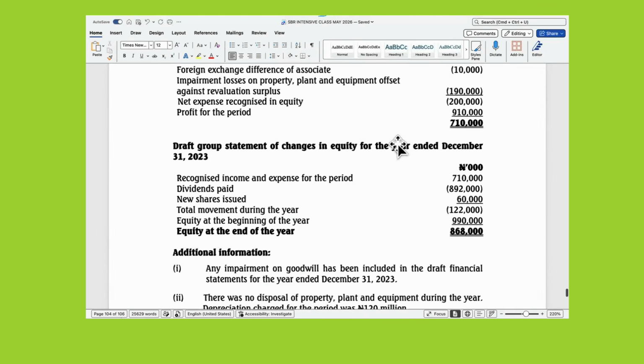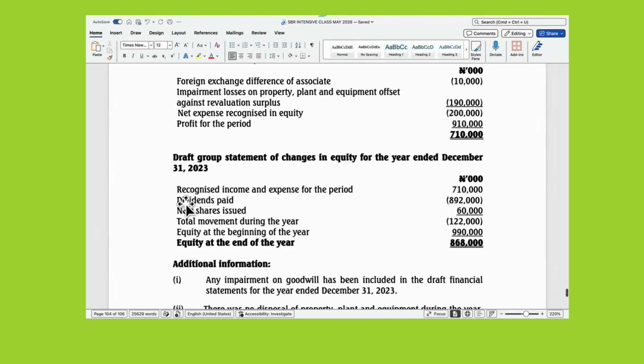So where is the dividend paid? In the statement of changes in equity, there was a dividend paid of 892. Out of these 892, 800 was an investment in a company. So that would be an investing activity.